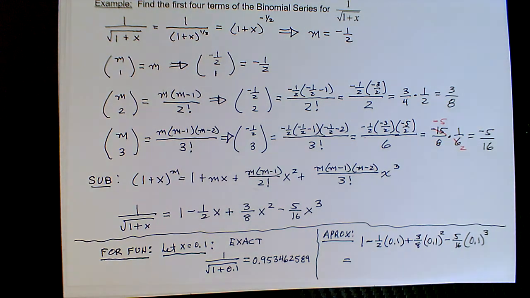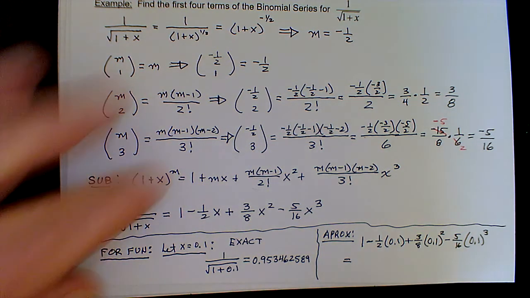Let's see what we get in the calculator. So I made a mistake, let me do that again. 1 minus 1/2 times 0.1 plus 3/8 times 0.1 squared minus 5/16 times 0.1 cubed. And here's what we get for that.